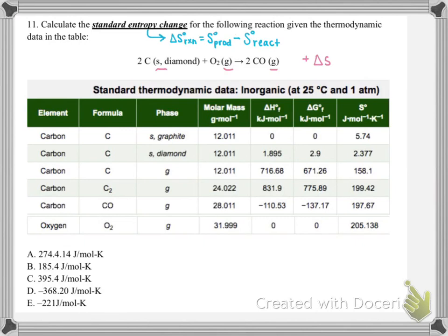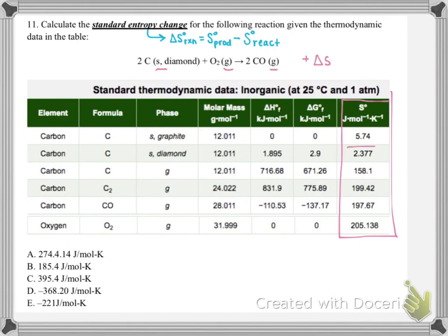And this looks like a scary table, right? But it's not. It's fine. It's just a table, and it has a lot more info on it than we need. The column that we're going to use is this column, because it gives us the individual entropy values. And we can use those to do products minus reactants. We just want to make sure we pull the values for the right compounds.